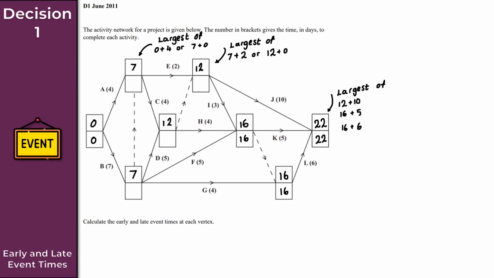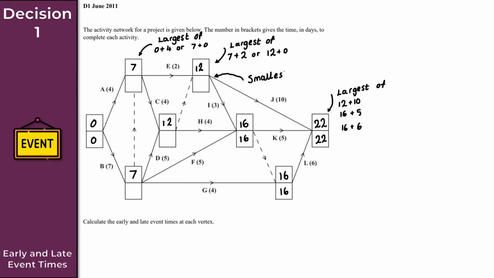What about this one here? I've got a choice of 2 again. It's either going to be 22 minus 10, that would give us 12, or it's going to be 16 minus 3, and that would give us 13. So I'll just make a note here. We choose the smallest then.